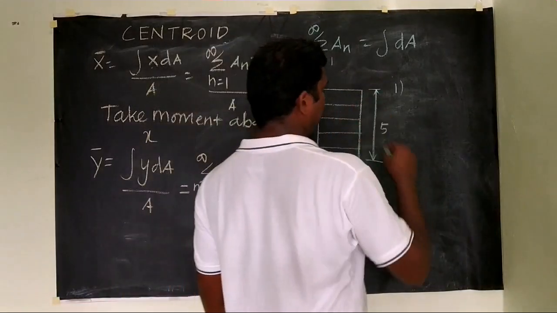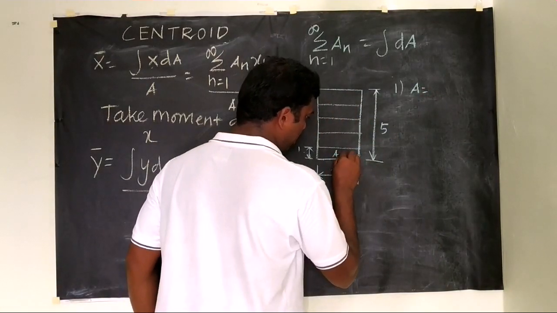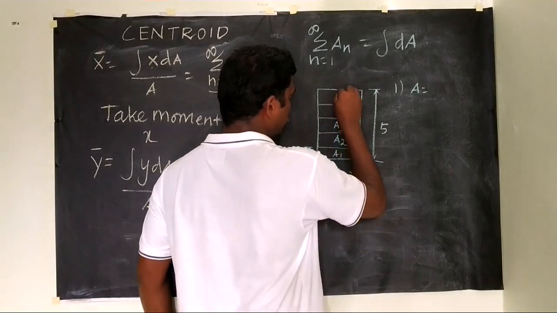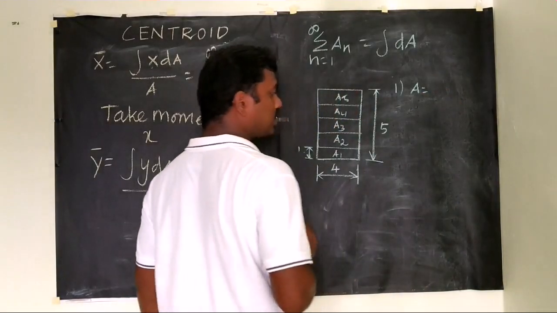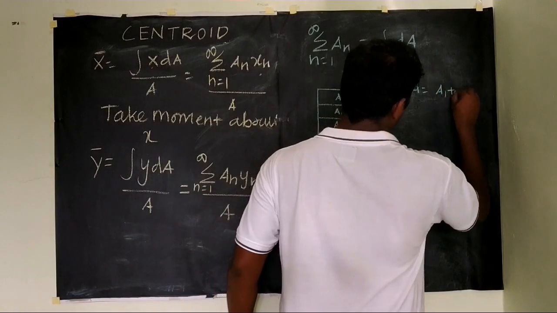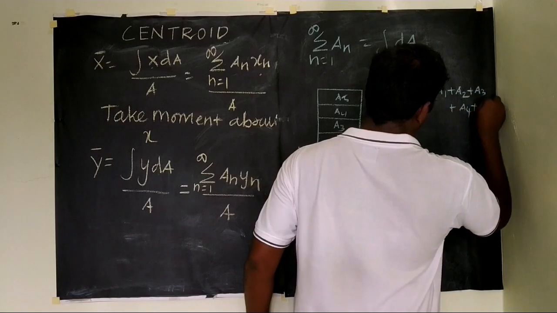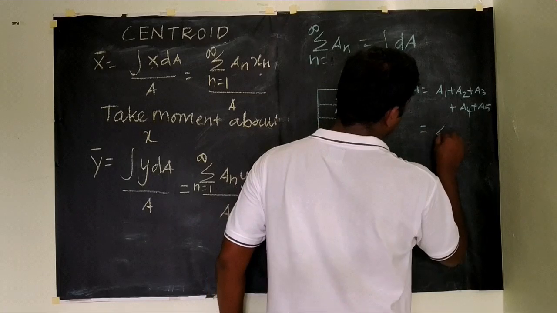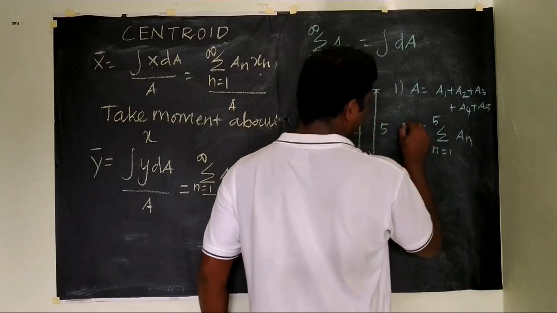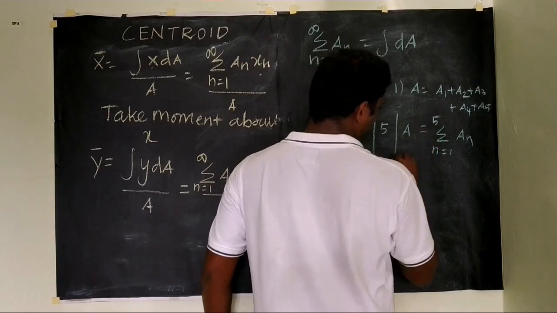Now the total area A equals A1, A2, A3, A4, A5, the sum of these small elementary parts. It will be rewritten as sum of n varies from 1 to 5, then an. This is one of the methods to find the area of this rectangle.